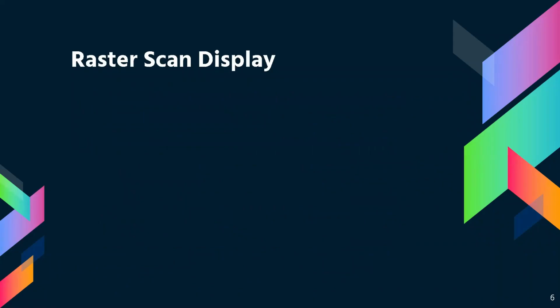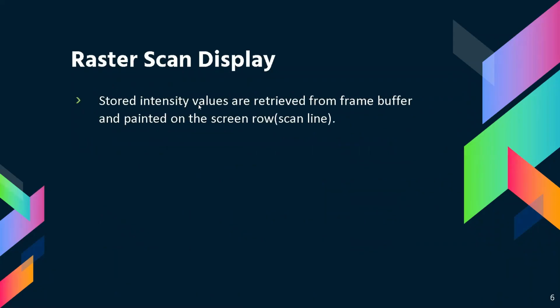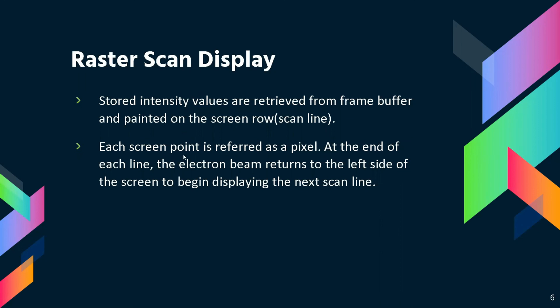Stored intensity values are retrieved from the frame buffer and painted on the screen row by row. Each row that is painted is called a scan line. Each screen point is referred to as a pixel. At the end of each line, the electron beam returns to the left side of the screen to begin displaying the next scan line.